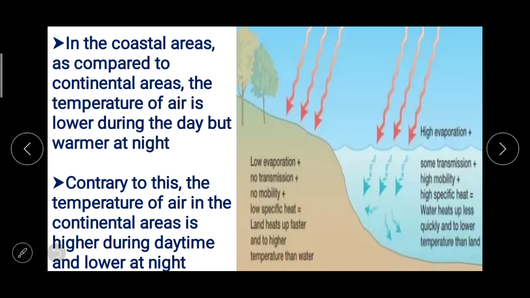So here also in the coastal areas as compared to the continental areas, the temperature of air is lower during the day but warmer at night. Contrary to this, the temperature of air in the continental areas is higher during daytime and lower at night.